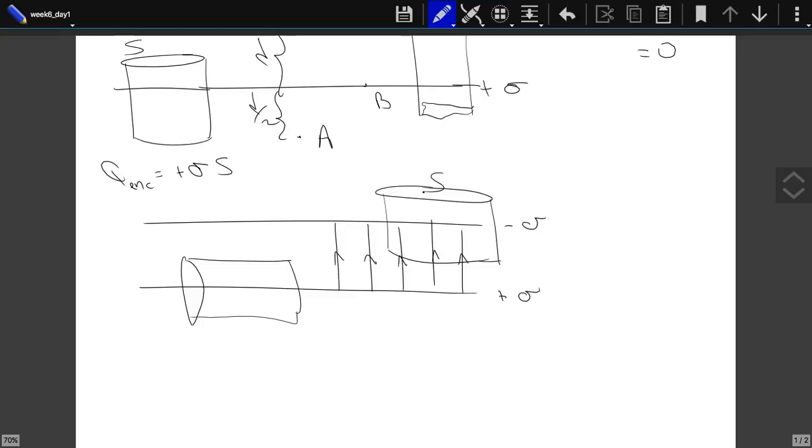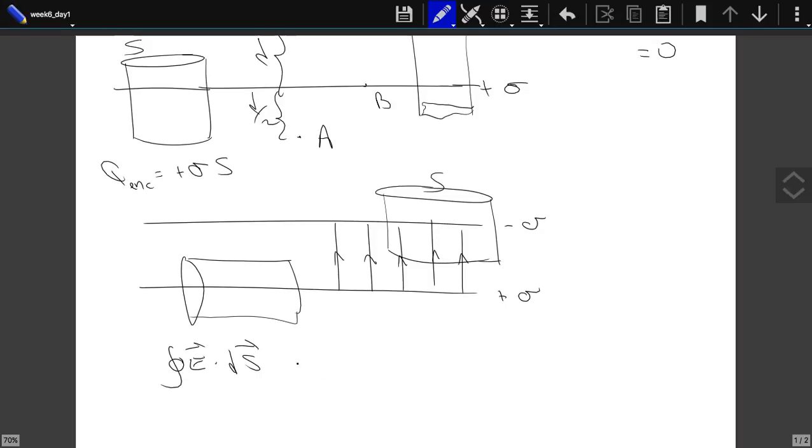I already know the electric field is non-zero only here. They are zero over here. They are vertical, to the top and to the bottom at that point. So I can just go ahead and look at the integral of E dot dS over that area.